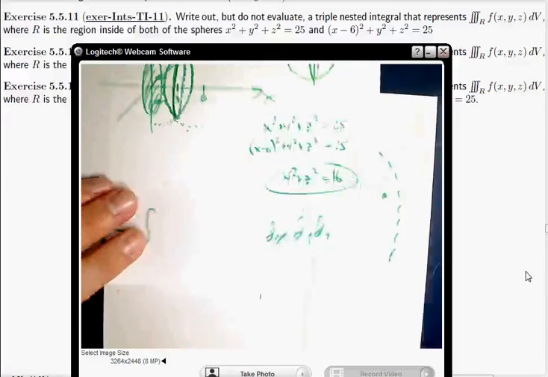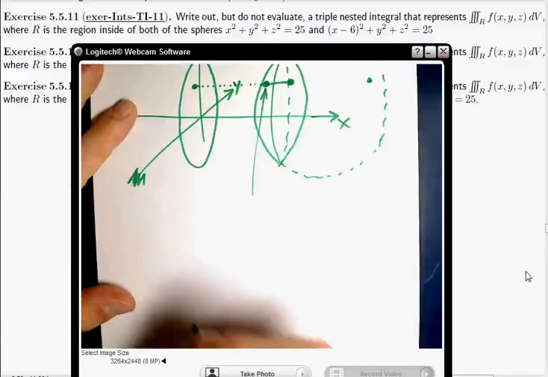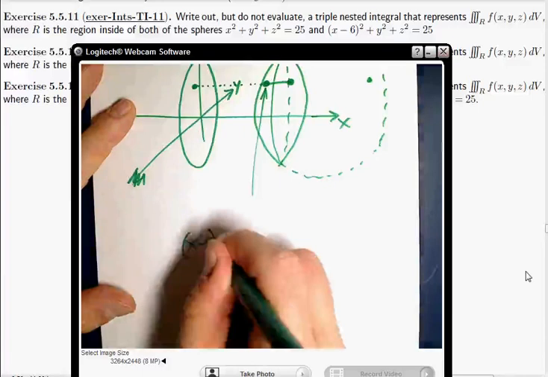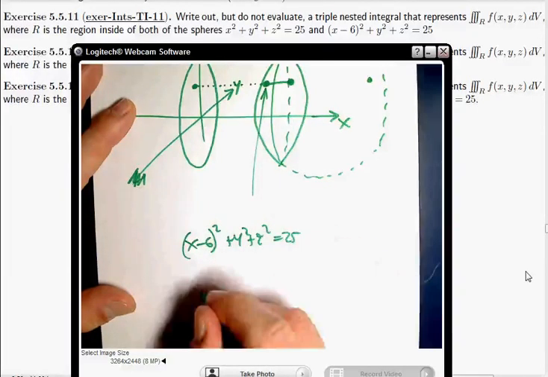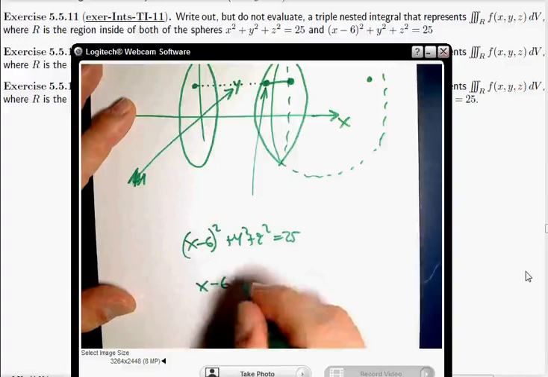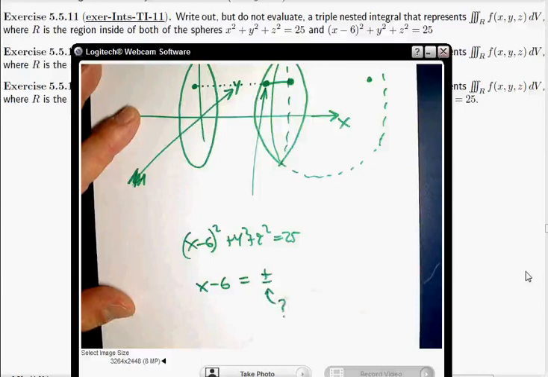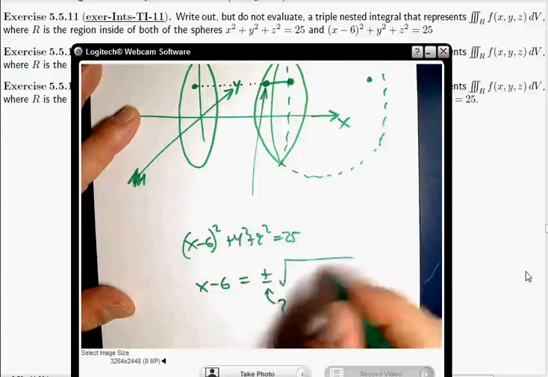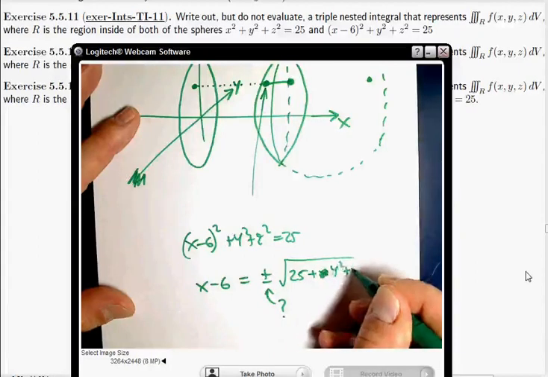So let's actually do that, by the way. We have x minus 6 quantity squared plus y squared plus z squared is equal to 25. Therefore, x minus 6 is plus or minus the square root of 25 minus y squared minus z squared.